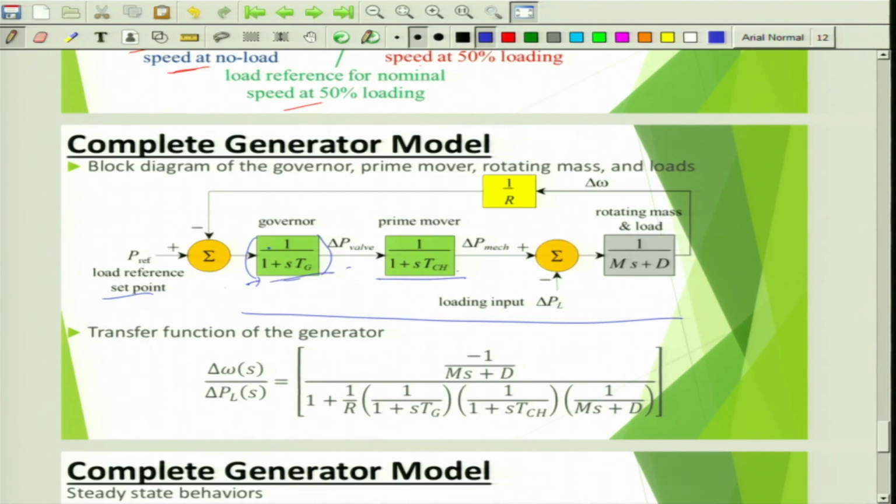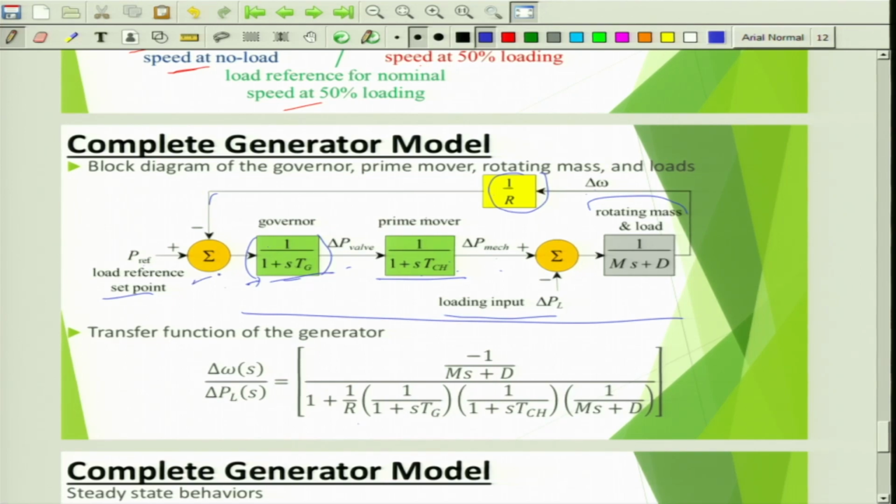This is a transfer function of the governor, this is a transfer function of the prime mover. The output of prime mover is mechanical power output, that is compared with the loading input, that is load basically, and this is the rotating mass and the frequency dependence load. Finally there is a change in frequency, then that is connected with the droop characteristics and is reflected back to the first summation block.